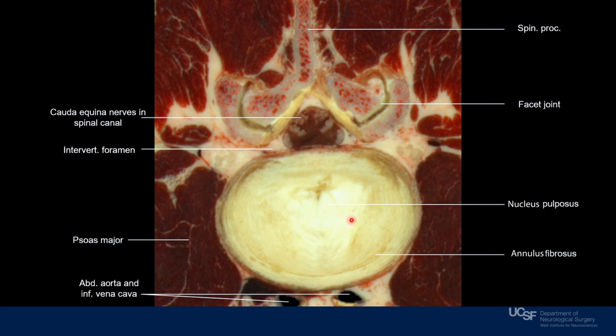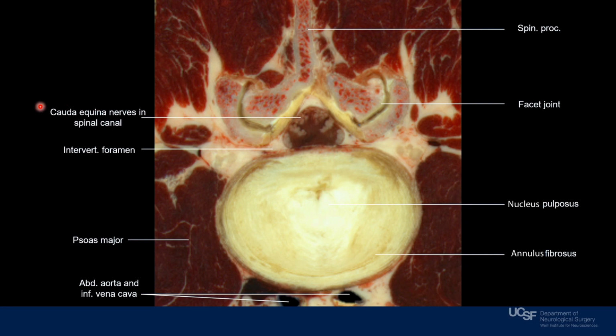These bodies are going to be covered anteriorly by the anterior longitudinal ligament and posteriorly by the posterior longitudinal ligament. And these are going to be connective tissue that are going to be fused with the annulus fibrosus at their respective sites. So we can identify that this is the lumbar region, a lower lumbar region.